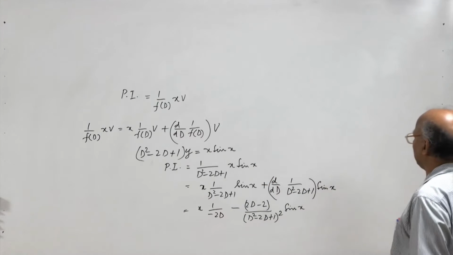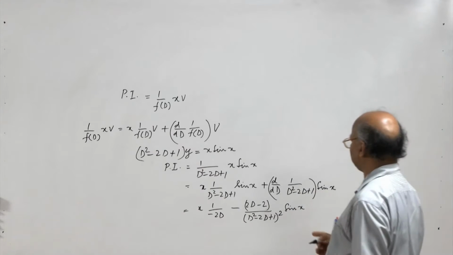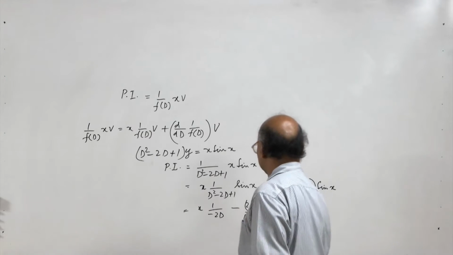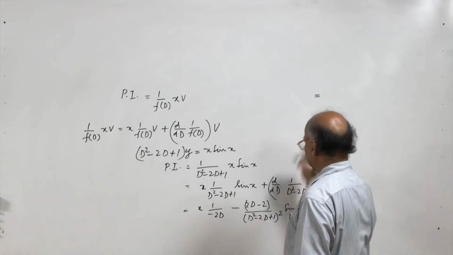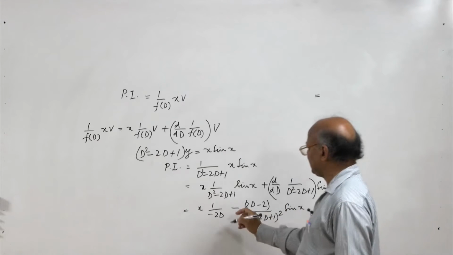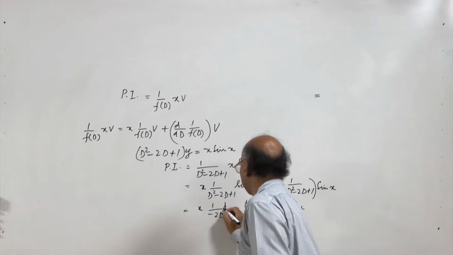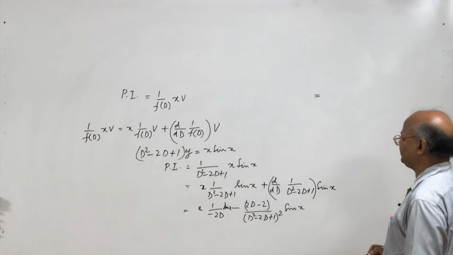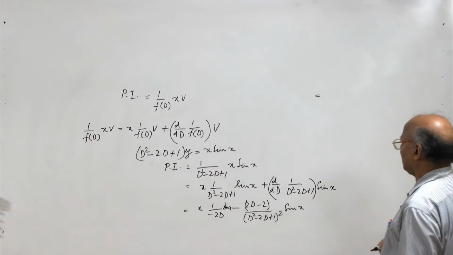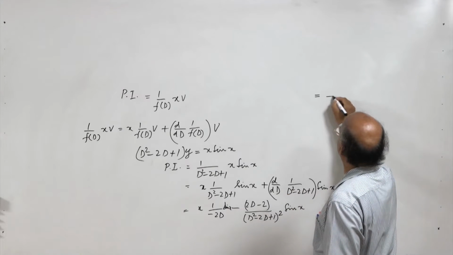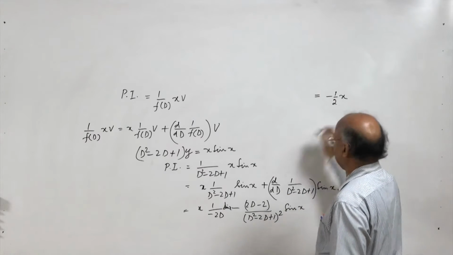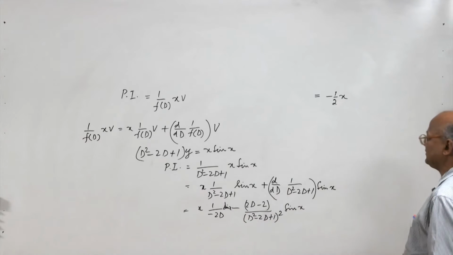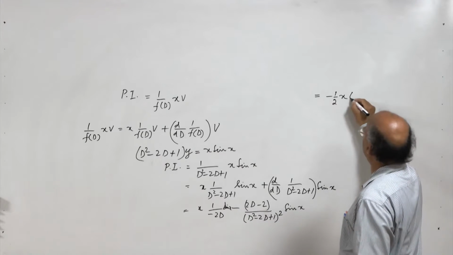The derivative of 1 over D squared minus 2D plus 1 with respect to D we have written here. Now, this is equal to 1 over 2D operating on sin x. So we get minus 1 over 2 x, then 1 over D sin x means integral of sin x, which is minus cos x.